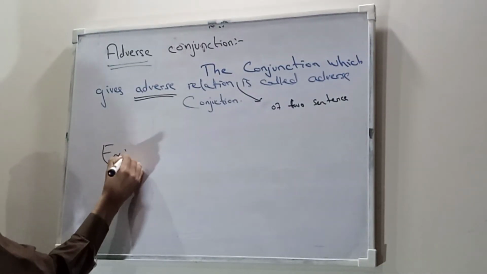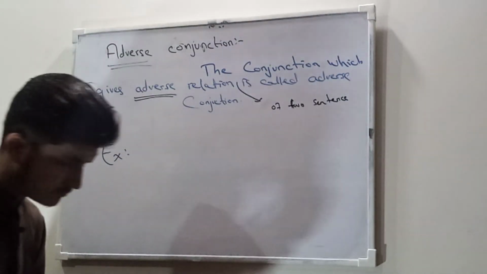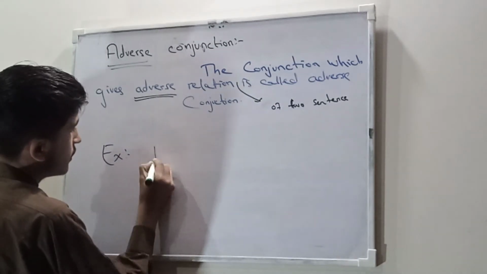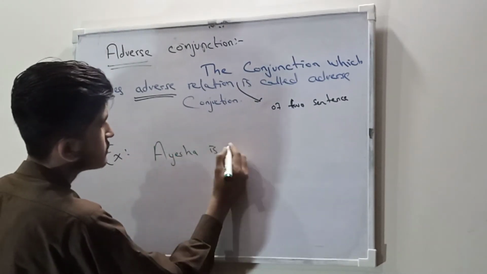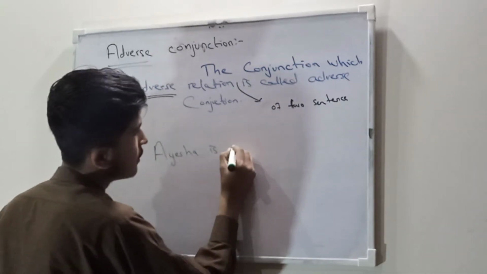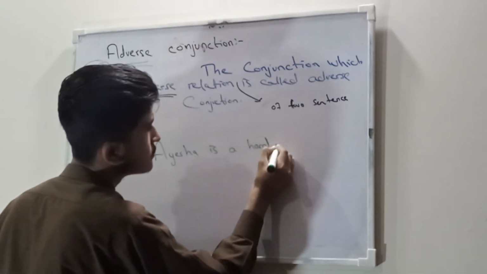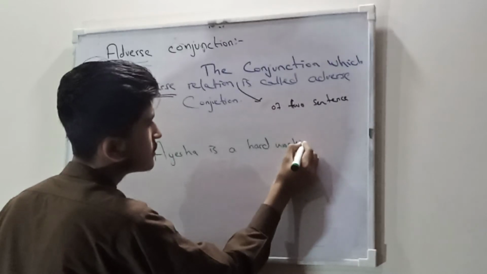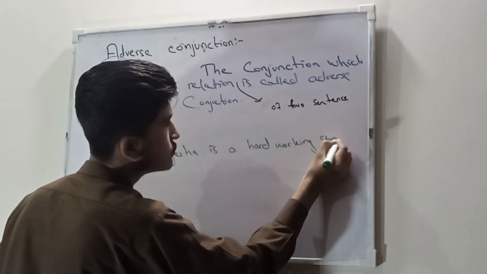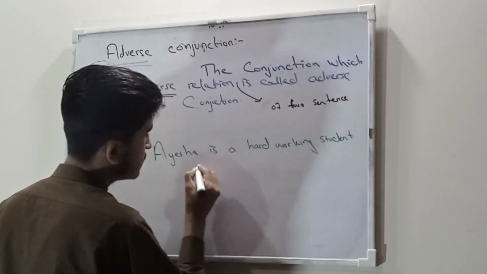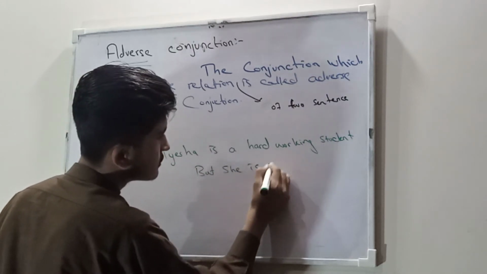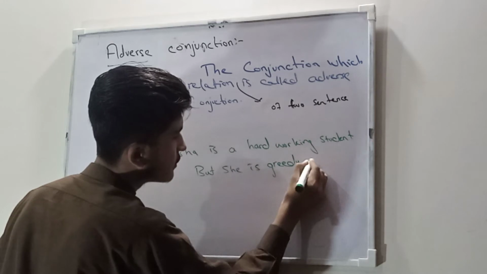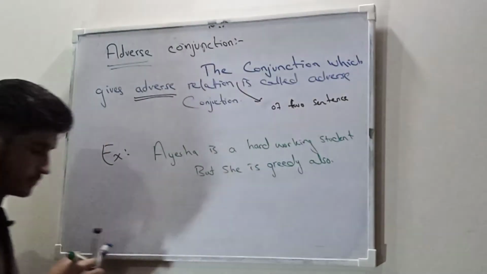In the example I will write that Aisha is a hard working student, but she is greedy also.